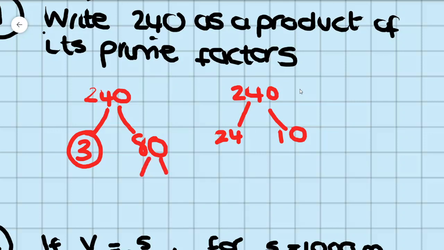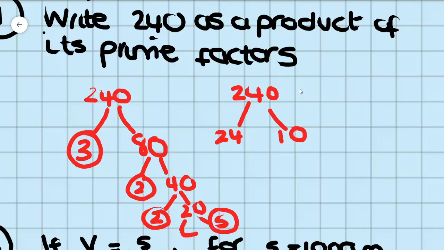So if I go from 80, well, 2 lots of 40 and 2 is prime make 80. And then I've got 2 lots of 20, which is 5 lots of 4, and 4 is 2 times 2.